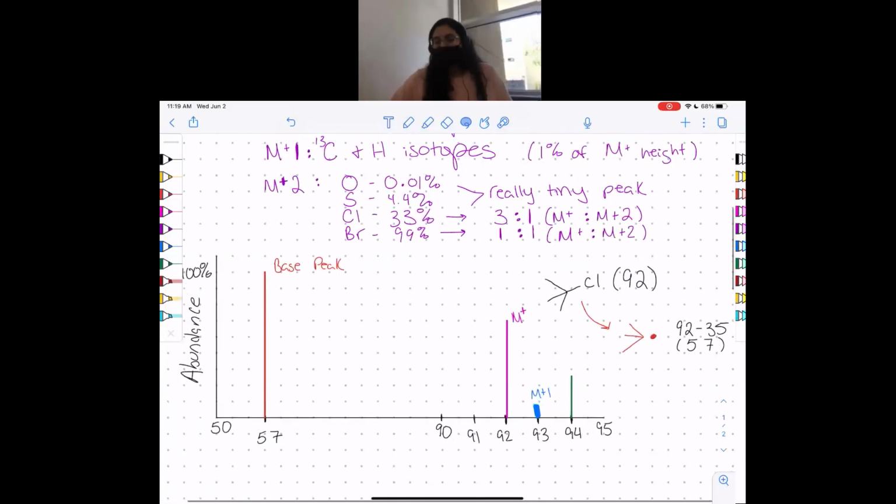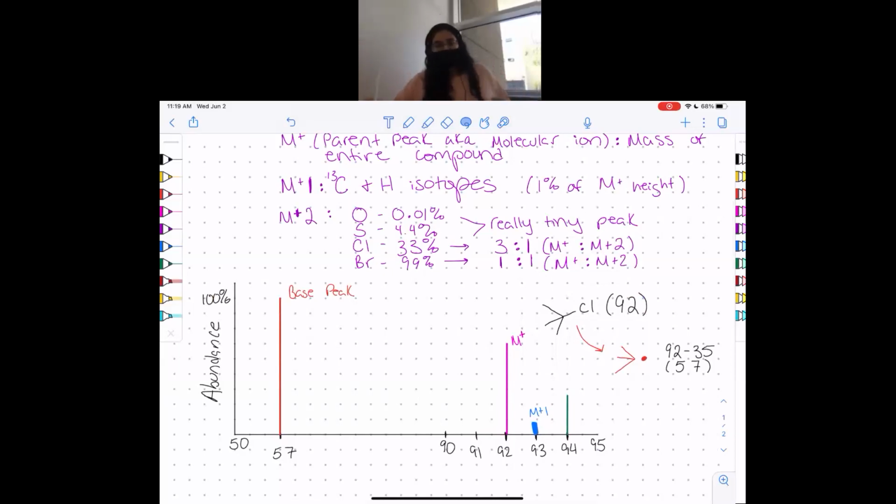All right. Yes, I will explain this one more time. In nature, we have a natural abundance of each isotope, right? And on mass spec, all these percentages are talking about the natural percentage of isotope. So if we have a chlorine in the molecule, it's going to create an M+2 peak because approximately 33% of that compound is going to have it.